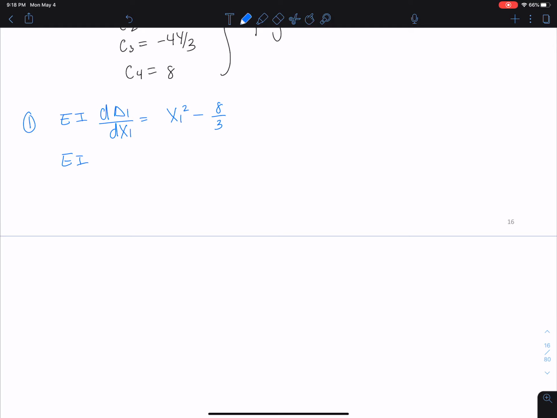And EI delta 1 equals 1 over 3 x1 squared minus 8 over 3 x1. And now for number 2, EI d delta 2 over dx2 equals minus 2x2 squared minus 44 over 3.